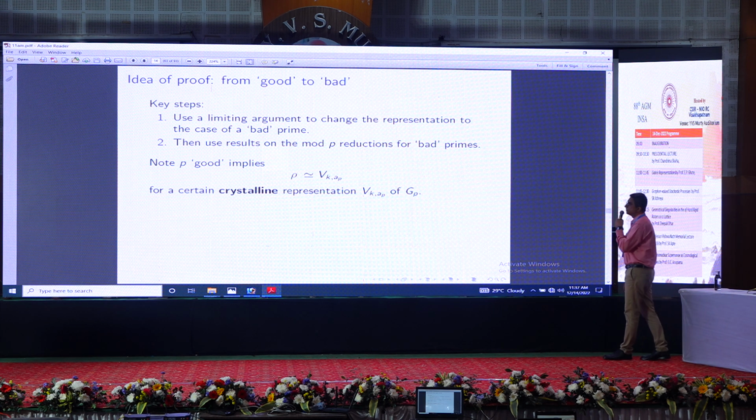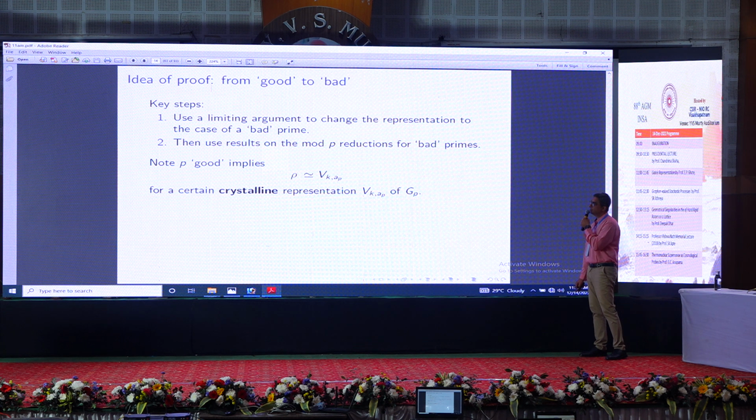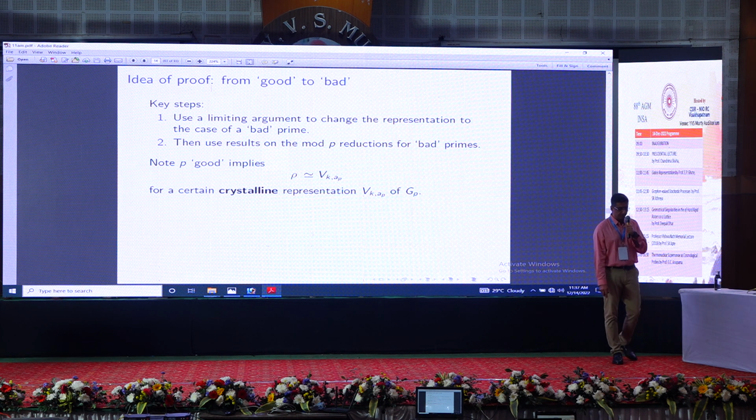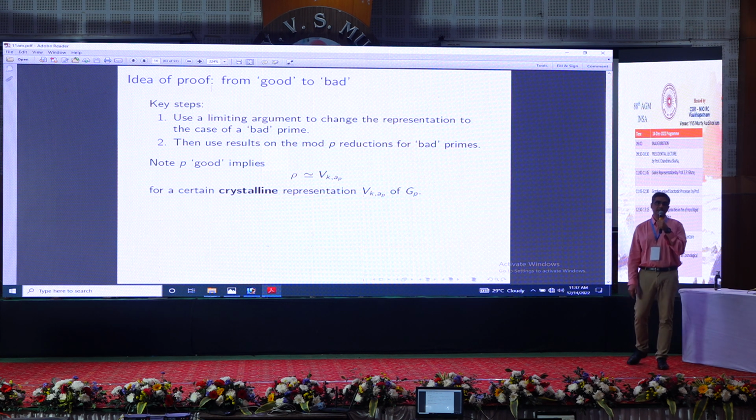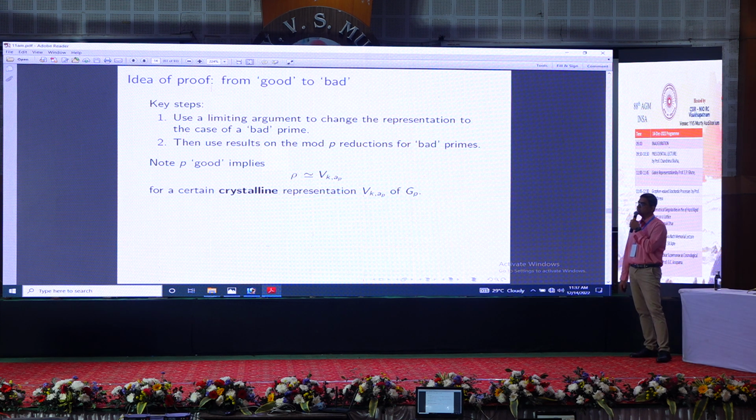This word I'm just going to throw out there as a black box. But it means that this representation rho is a very well-recognized representation, which depends on two parameters, k and a_p. It's a crystalline representation with some weight k and some parameter a_p. The same a_p, which is the a_p in the pth Fourier coefficient of the modular form, and the same weight k. k is the weight of the form.